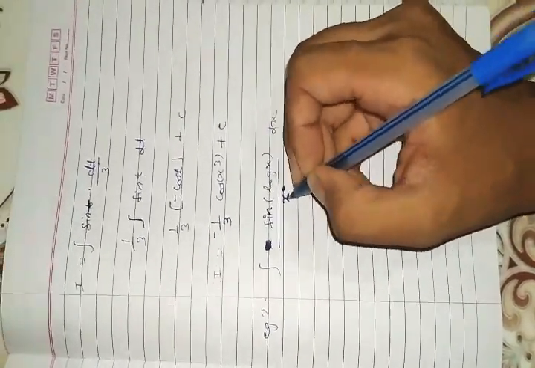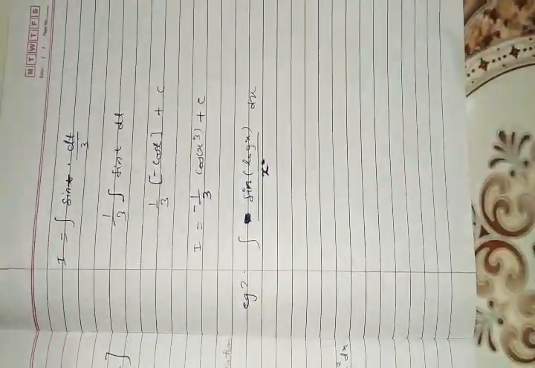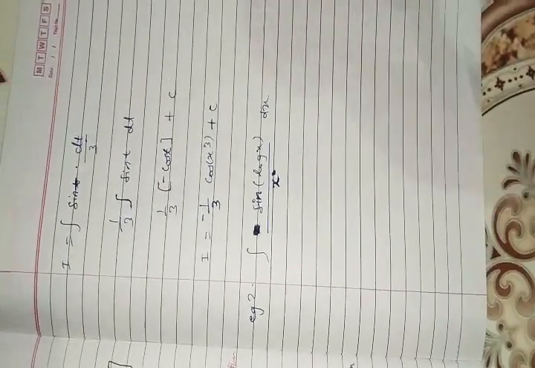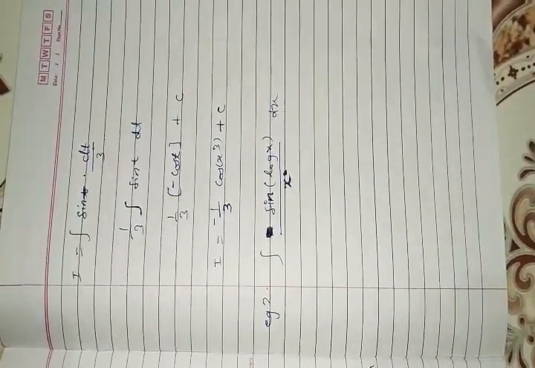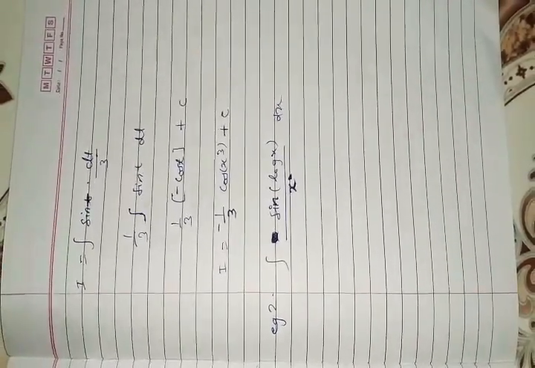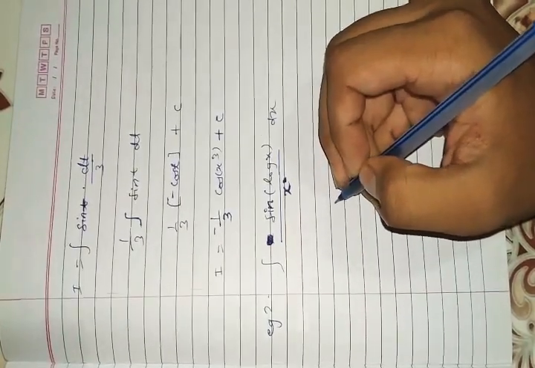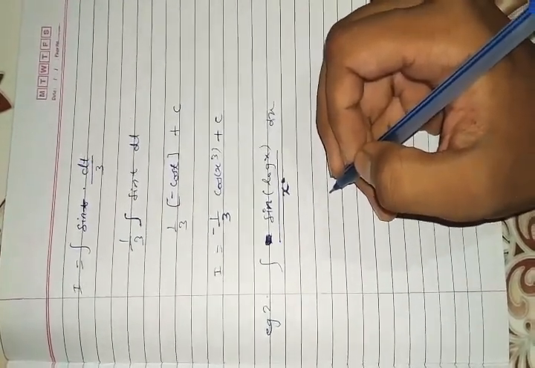So what do you think I am supposed to put as my function so I can get a very simple solution? I hope you know: log x equal to t.